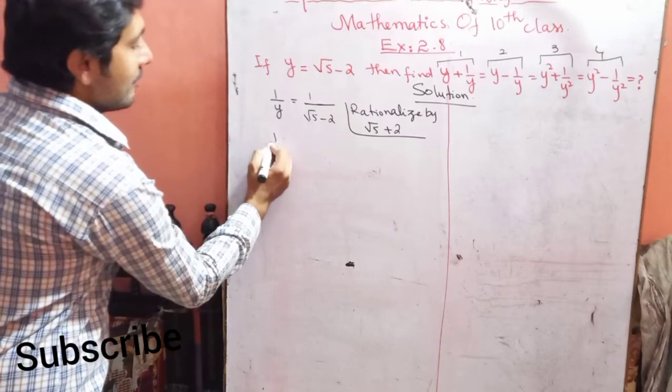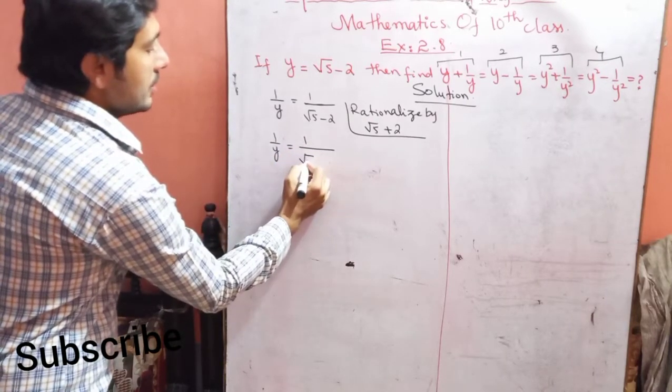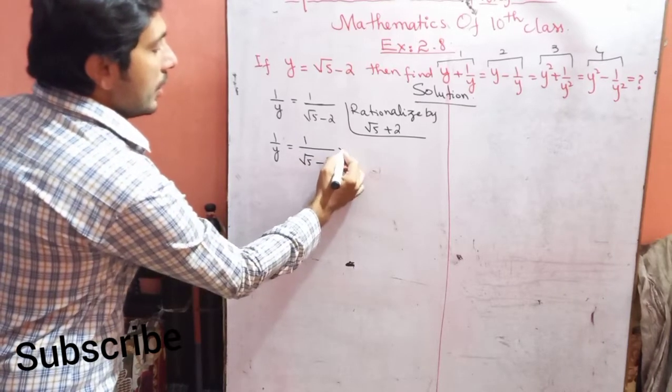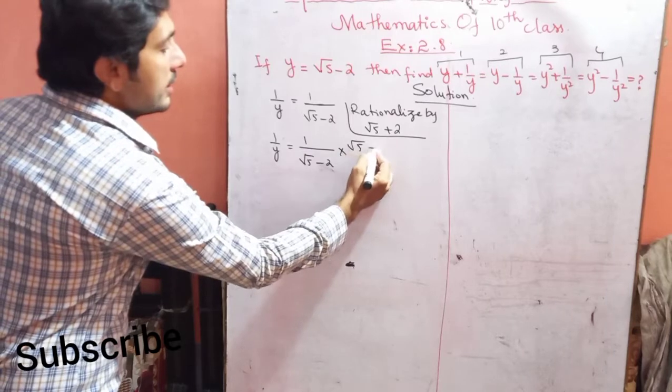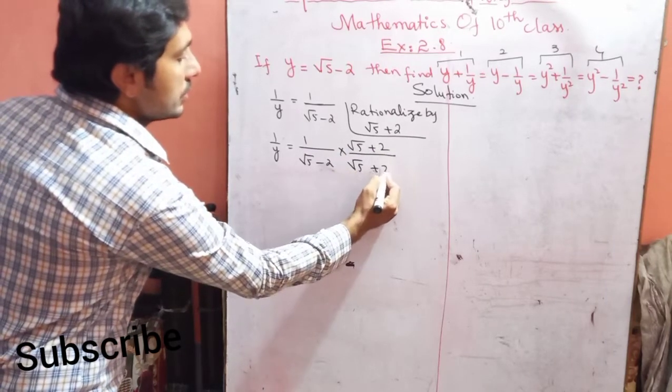So 1 upon y is equal to 1 upon under root 5 minus 2, multiplied by under root 5 plus 2 and divided by under root 5 plus 2.